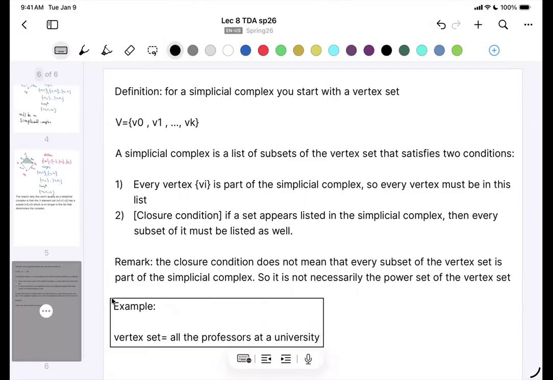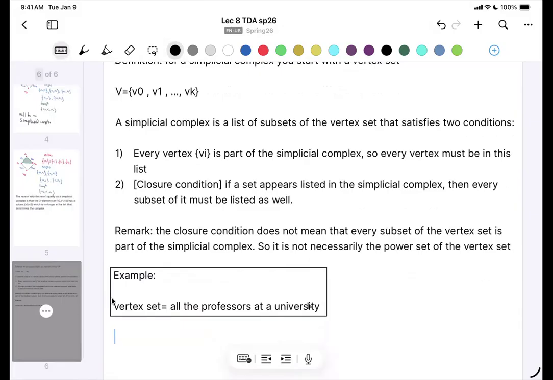And then just to keep it simple, you would include a subset consisting of two professors. I'll call them P1 and P2, Professor 1 and Professor 2. All the professors at a university form the vertex set.